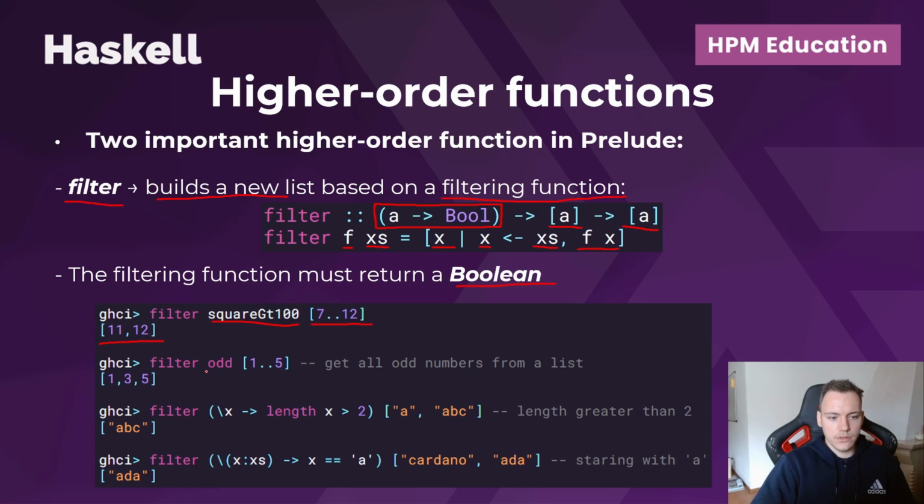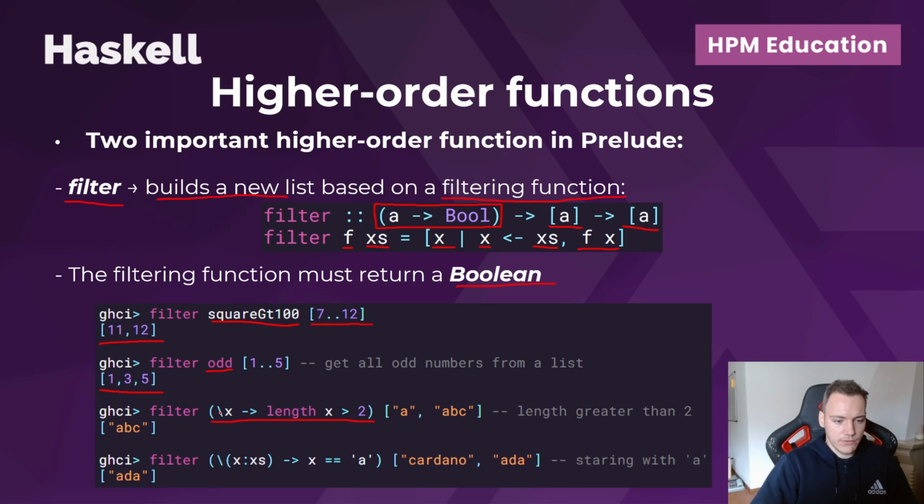We can also filter out using the odd function to get all the odd numbers. So we get 1, 3, and 5. We can use lambda functions as the filtering functions as long as they return a boolean.